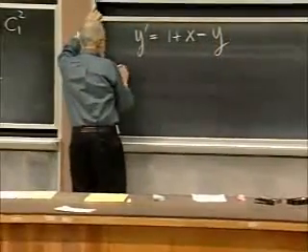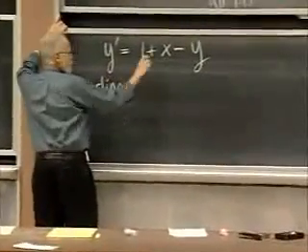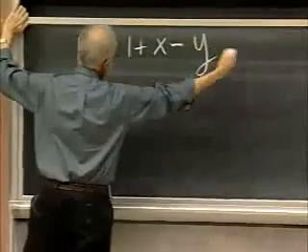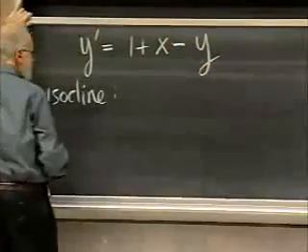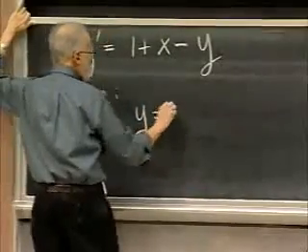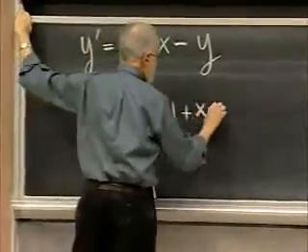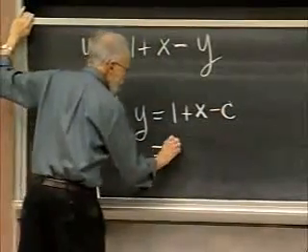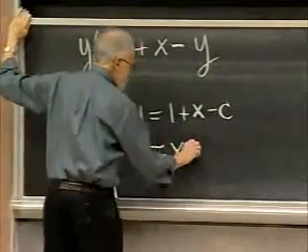An isocline will have the equation, this equals c, so I'm going to put the y on the right-hand side and that c on the left-hand side. So it will have the equation y equals 1 plus x minus c, or a nicer way to write it would be x plus 1 minus c.